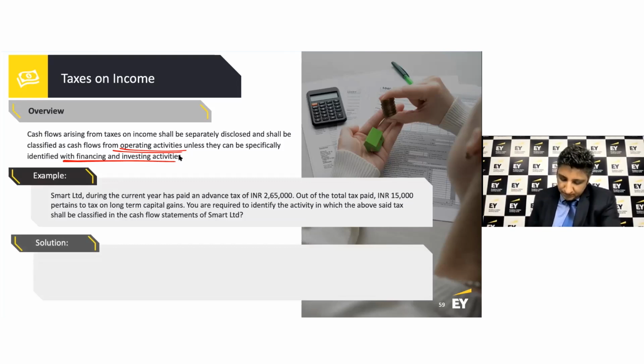Let's say Smart Limited during the current year has paid an advance tax of 2,65,000. 15,000 pertains to tax on long-term capital gains. How do you deal with that? Effectively, 2,50,000 rupees is operations and 15,000 is investing activities.